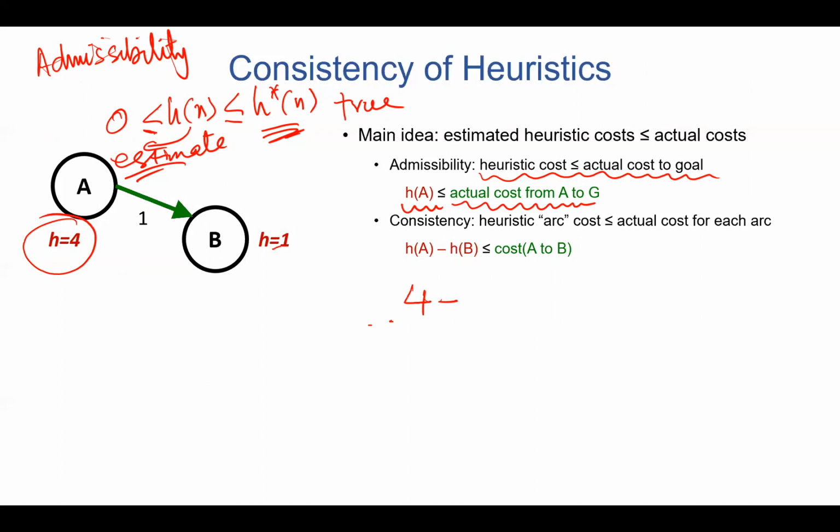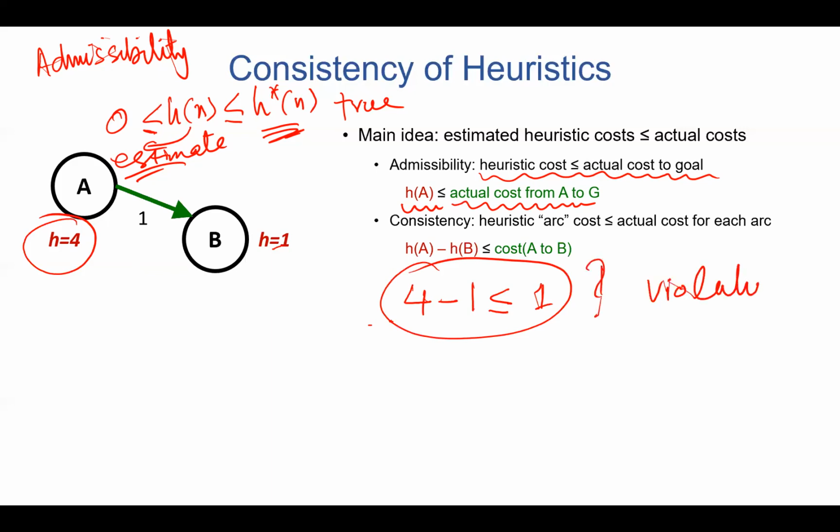What is H of B? 1. And what is the cost from A to B? 1. Is this true? No, we have found a violation. That's the violation. It is not consistent.